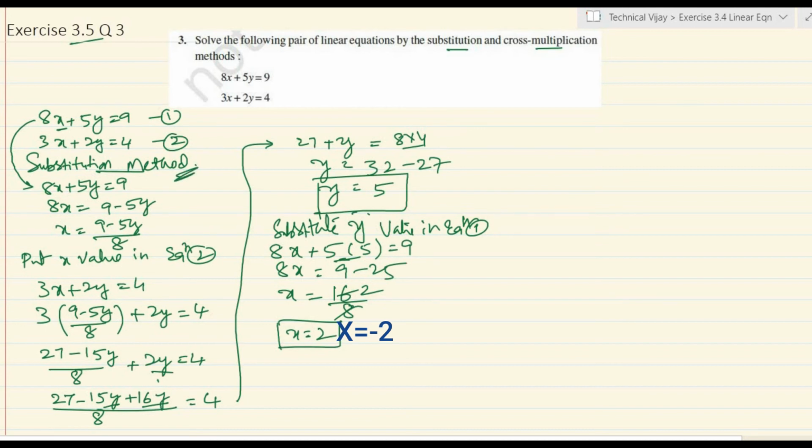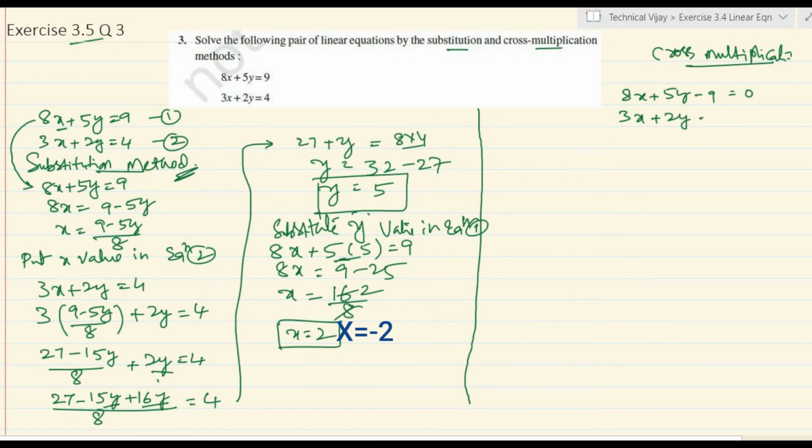So we will do by cross multiplication method. Cross multiplication method, we will write the equation as 8x plus 5y minus 9 equal to 0. And 3x plus 2y minus 4 equal to 0. So here x divided by, so mask this one, so 5 into minus 4 minus 2 into minus 9.